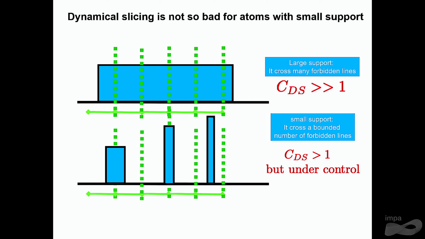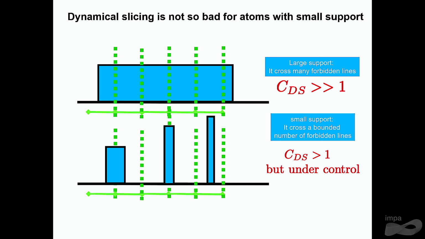When you do the dynamical slicing, you replace the excellent representation by a representation fit to your dynamical system. This number is bigger than 1, but it's not very big. When the atom is very big, like this, the support is very big, you need to multiply by a number that's extremely large. But the point is that the first case happens very rarely, just in a finite number of atoms.